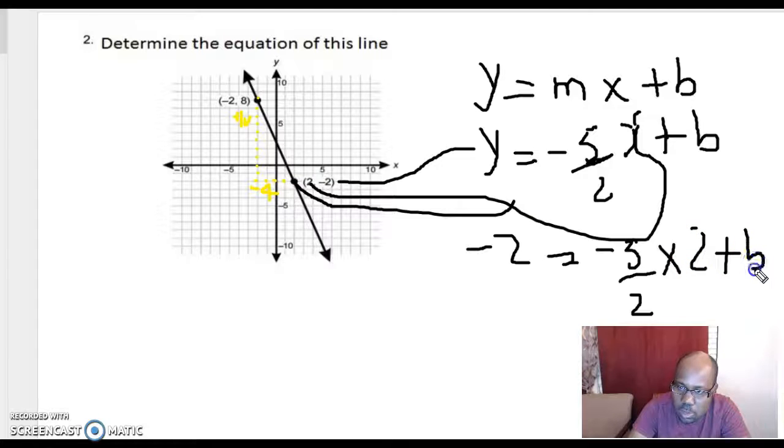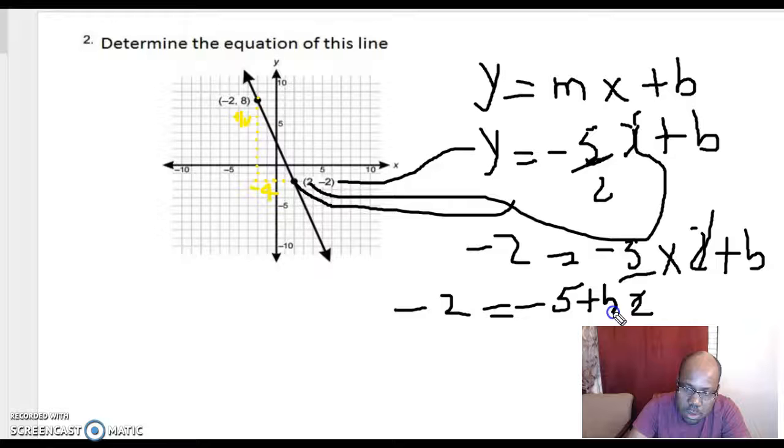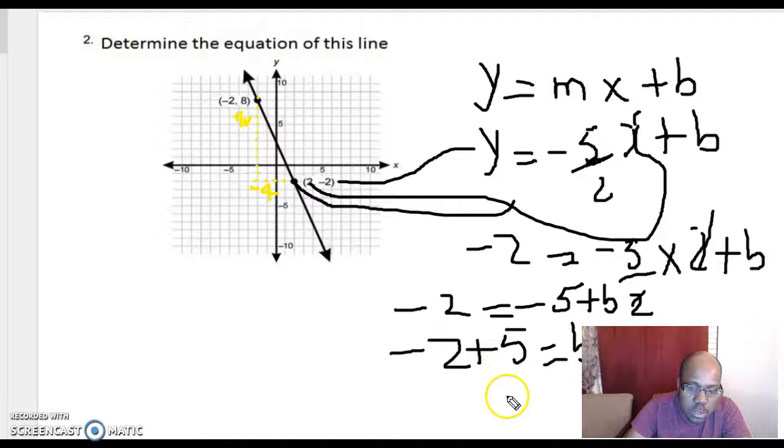That's really easy. I can simplify by 2 here. So minus 2 equals minus 5 plus b. If I need to find b, minus 2, canceling minus 5 on both sides, plus 5 equals b. So b equals 3.